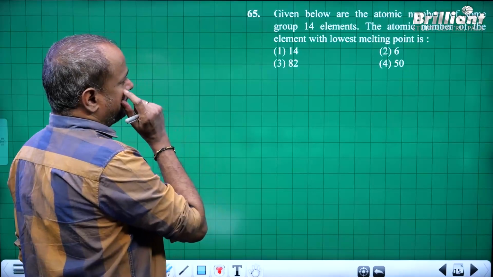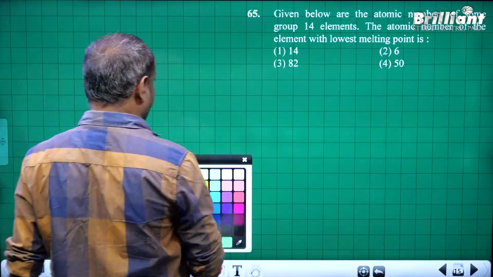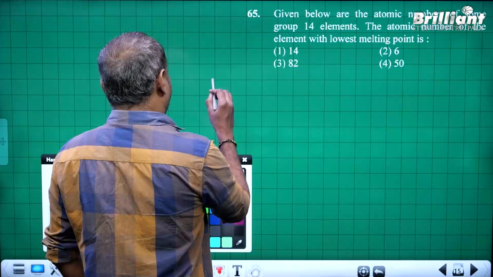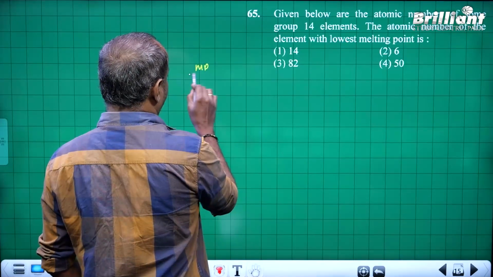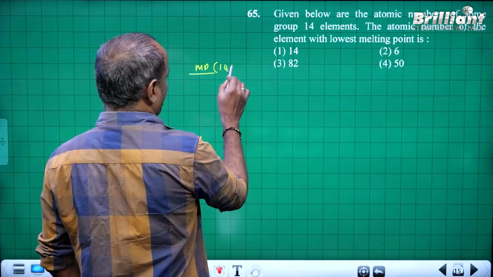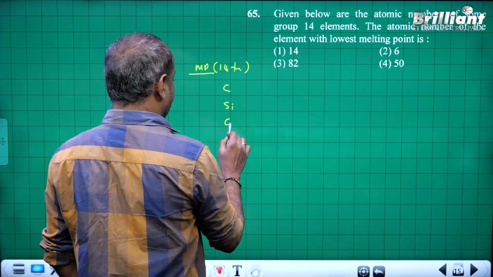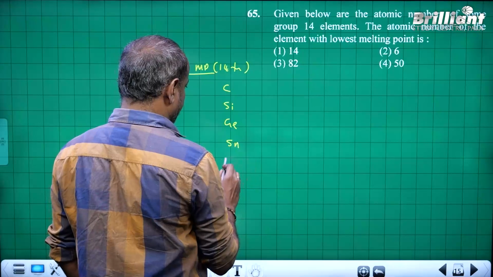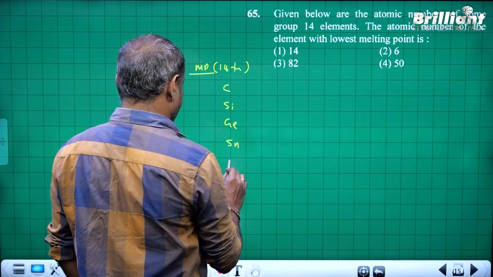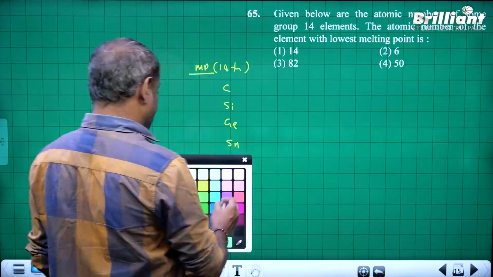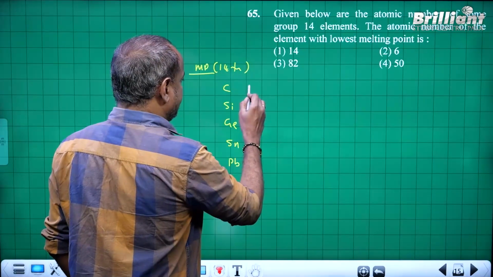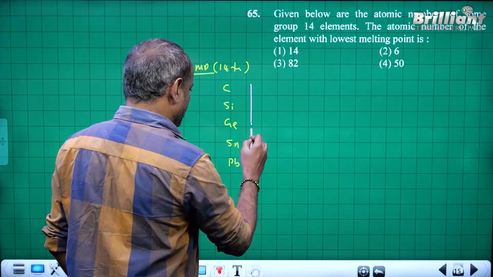Next one, 14th group elements, melting point. Carbon, silicon, germanium, tin, lead. Melting point decreases from carbon to tin.